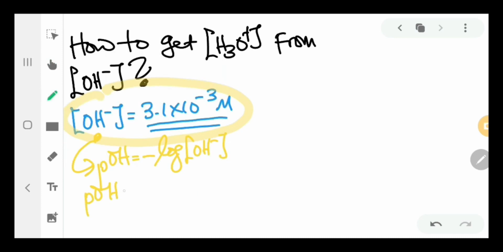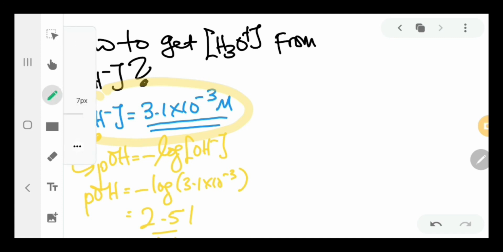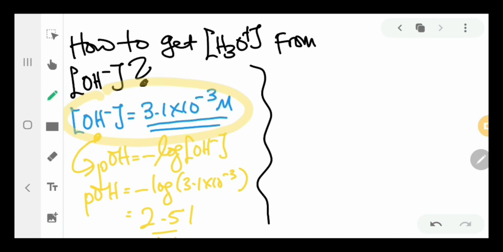Then your pOH value is 2.51. And we're going to use pH plus pOH equals 14.